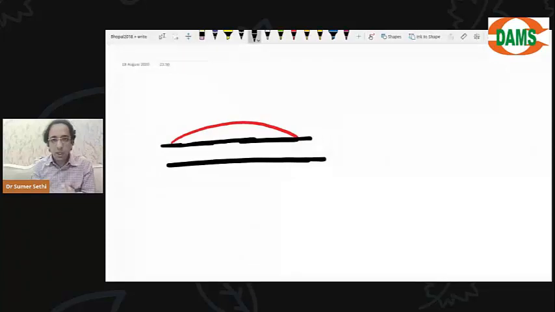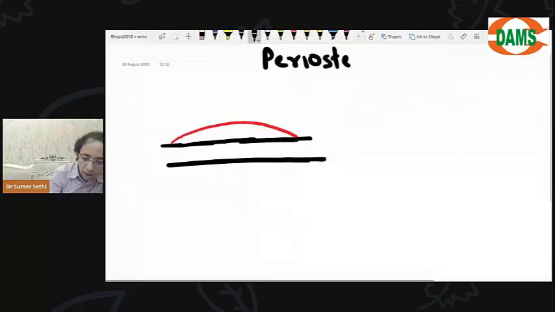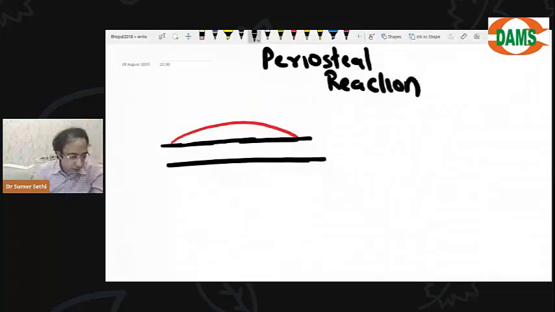Whenever periosteum is elevated, a thin shell of mineral deposits over it. It gets mineralized. That is called as periosteal reaction. समझ आया कि नहीं? समझ आया बच्चे कि नहीं? Everybody understands or not?